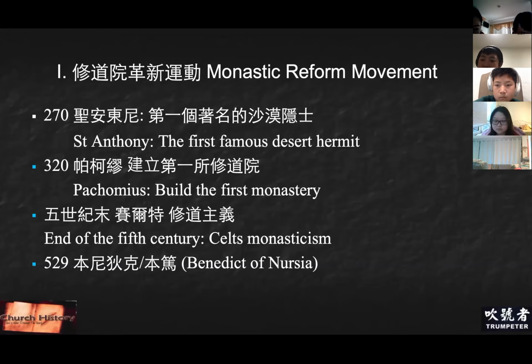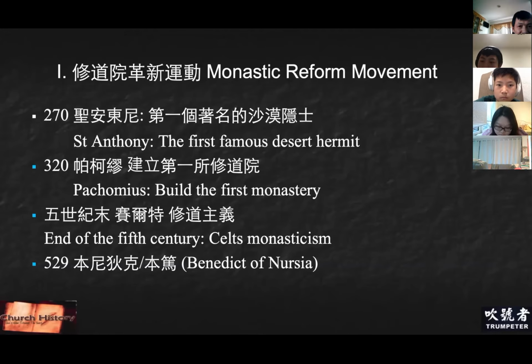So you get the idea of this movement. And then the Celtics, that's how the Irish saved civilization, right? Every movement started very good, but as time goes on, they are going to corrupt.